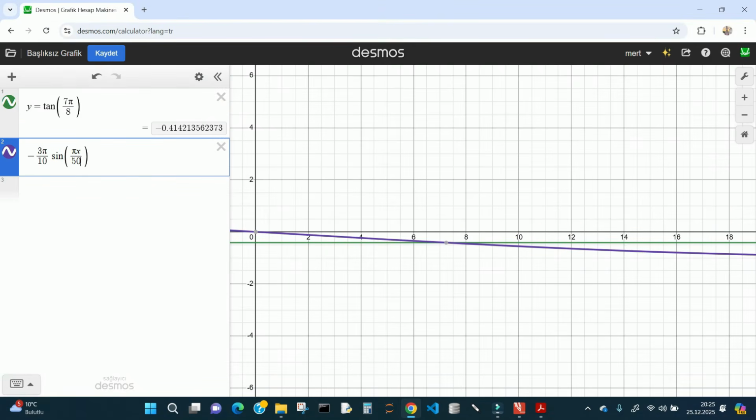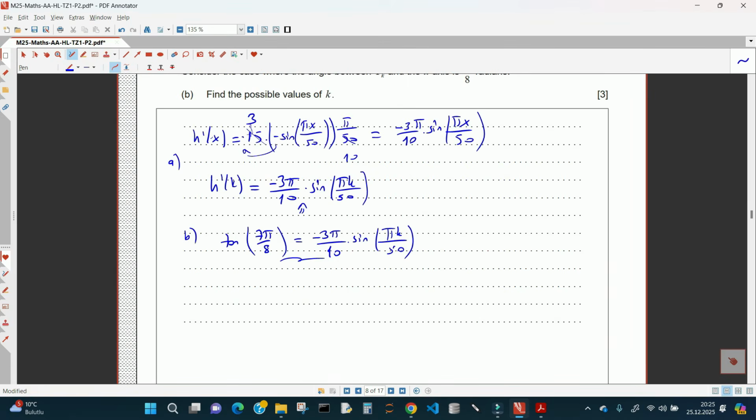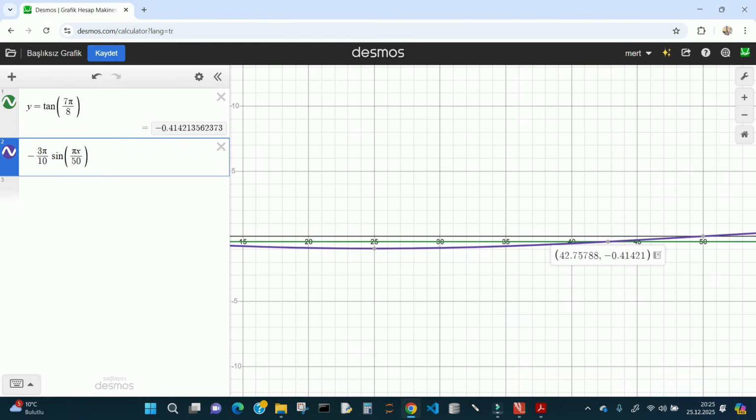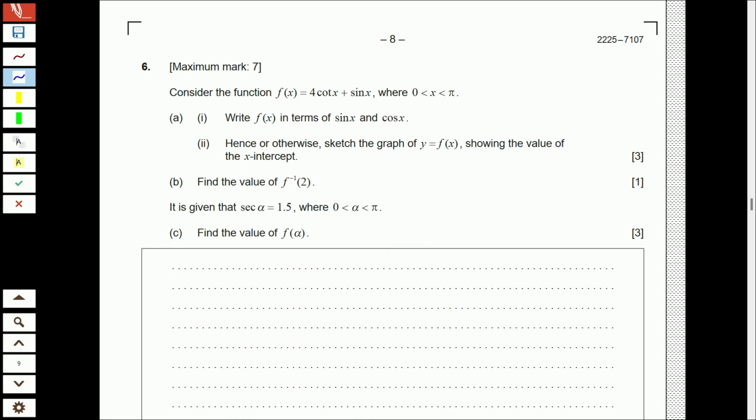In this case, the first intersection is 7.24 for k1, and the second one is going to be 42.8, right? 42.8, yeah.